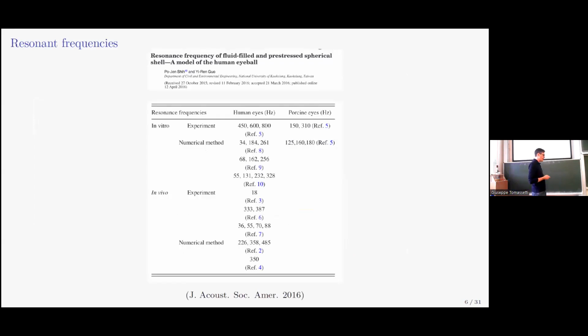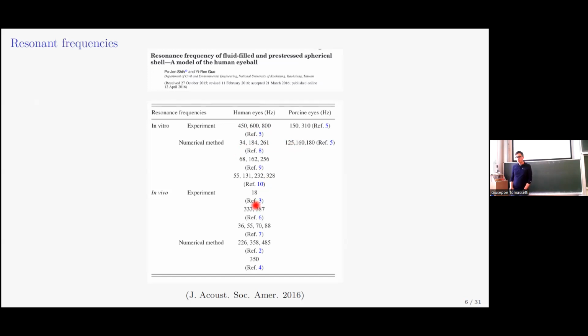People have used experimental methods, so ex vivo experiments, for example, on samples of porcine eyes, which are quite similar to human eyes. Also ex vivo experiments on human eyes. They also made numerical simulations with full finite element codes describing both the shell and the internal fluid.